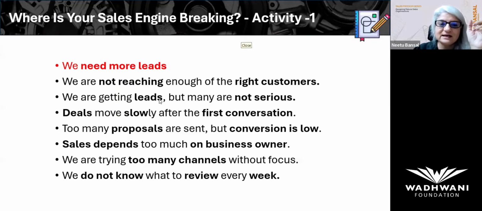How many of you have too much dependency on you? If you take your eyes off sales, even if you have a sales team, sales gets impacted. Correct? Recently I was working with a client who was doing two pieces of work. One was working with me on improving sales and setting up entire sales processes.